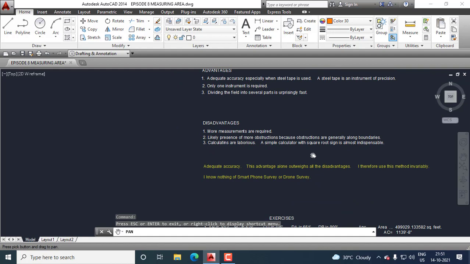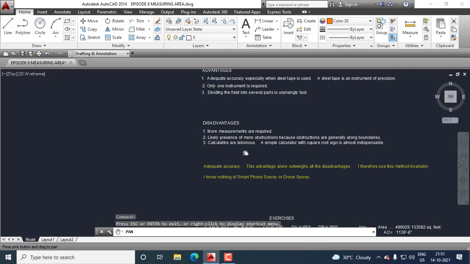Disadvantages of this method are more measurements are required. Likely presence of obstructions on the sides is a disadvantage. It's very difficult to measure the sides because of the obstructions on the sides. Calculations are laborious.